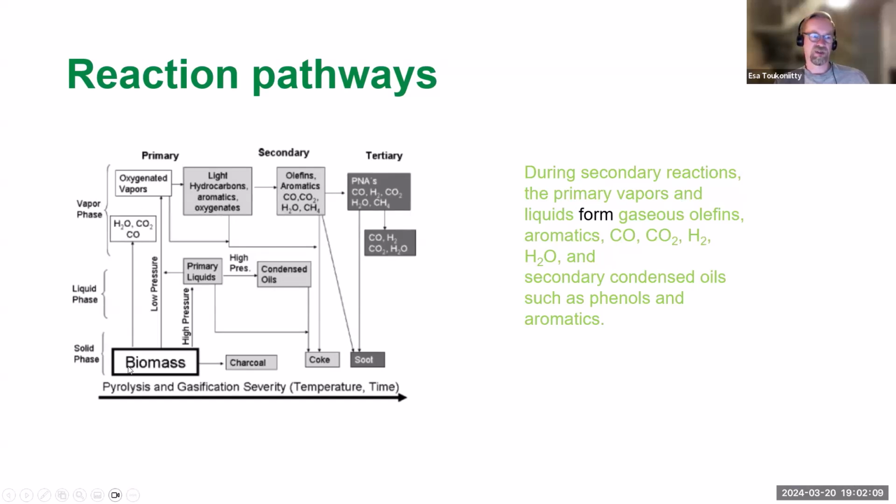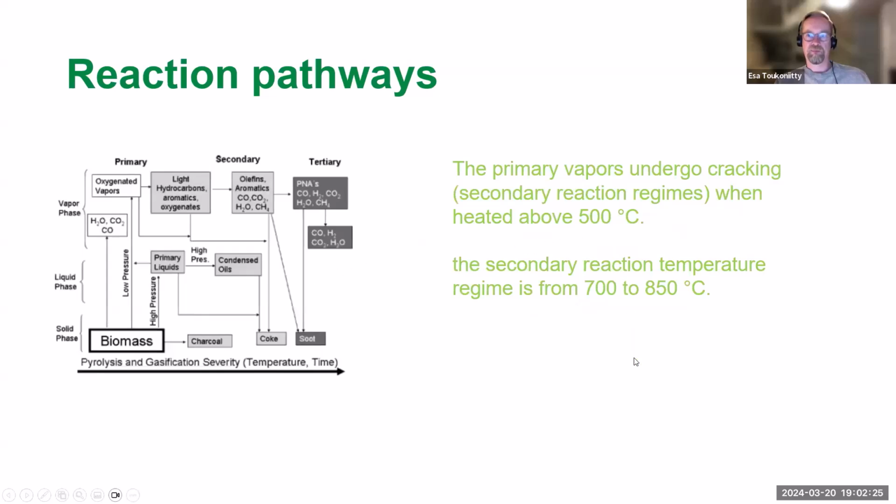So it's not just biomass breaking into smaller components, but it's the formed components then reacting and producing secondary products. These are just some temperature regimes for that secondary reaction regimes.